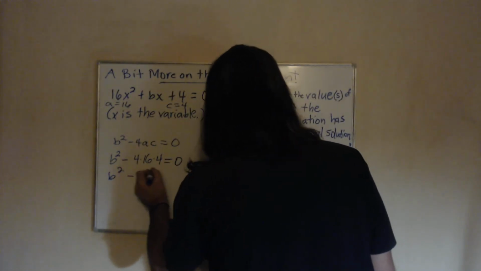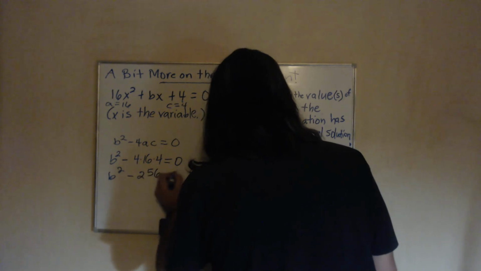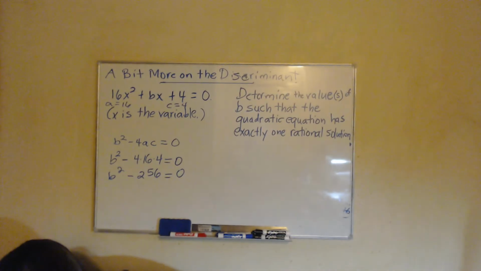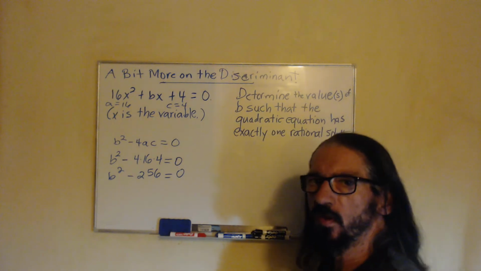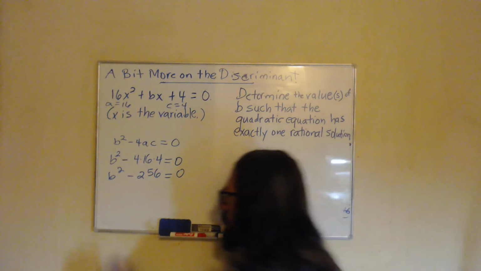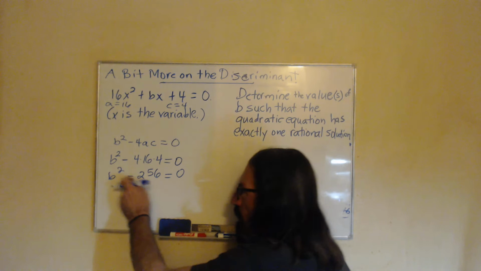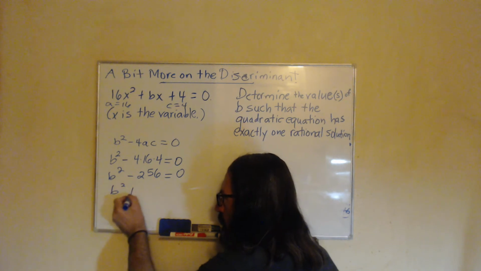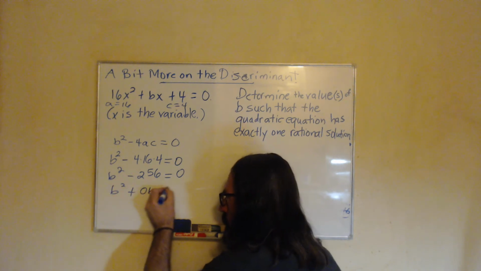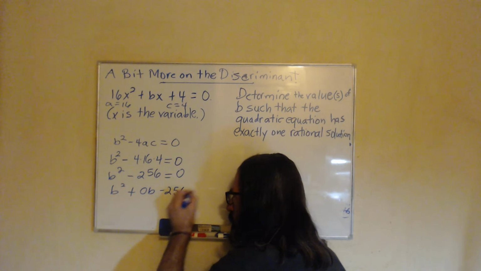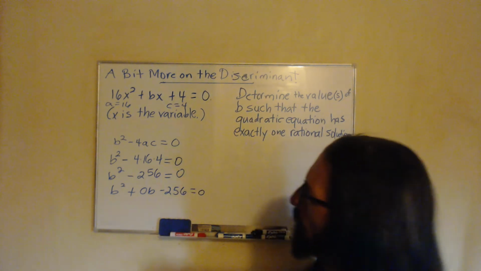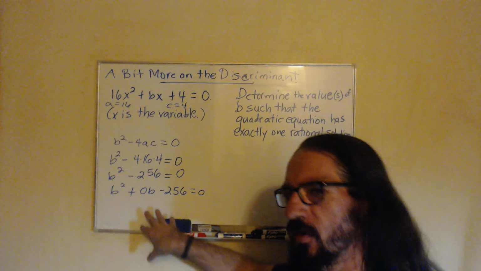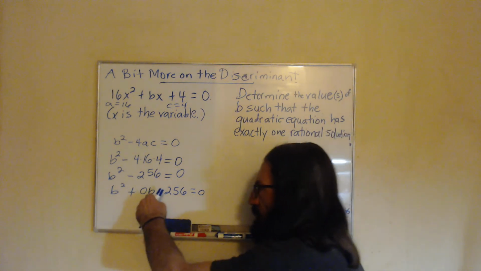So what we're coming up with here is a new quadratic equation with b as the variable, and we could use the quadratic formula. We'd have to watch out for confusing the variable b with the coefficient of b.